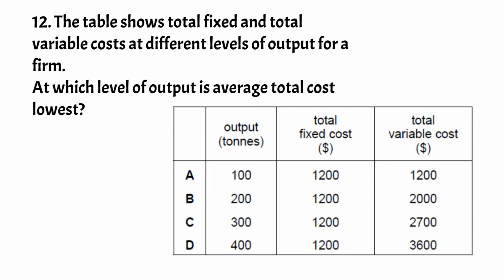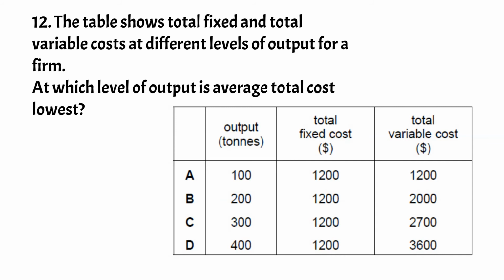B. Output 200 tons, total fixed cost $1,200, total variable cost $2,000. C. Output 300 tons, total fixed cost $1,200, total variable cost $2,700. D. Output 400 tons, total fixed cost $1,200, total variable cost $3,600.